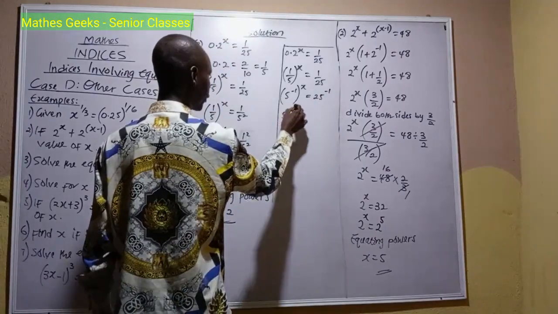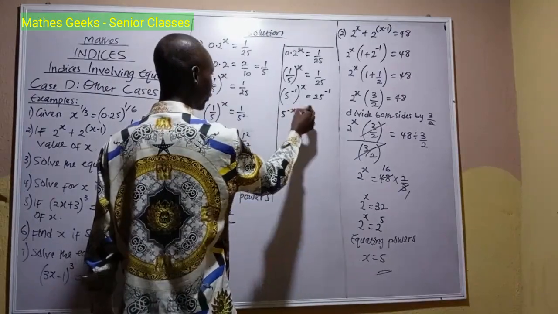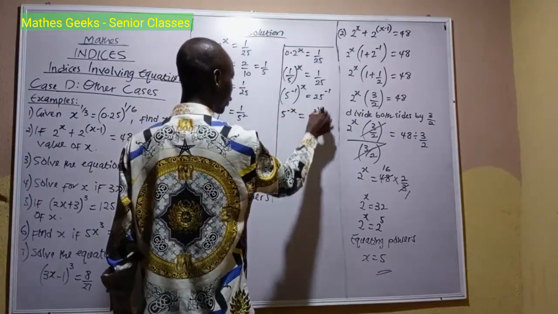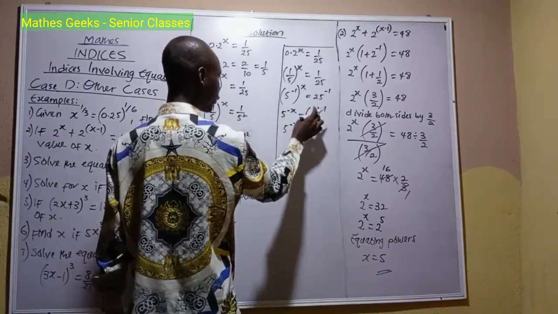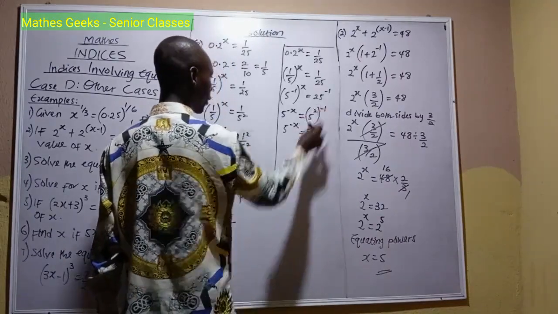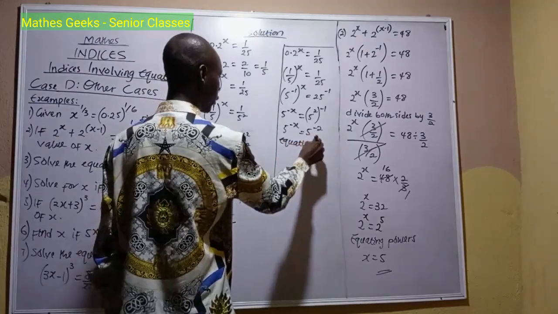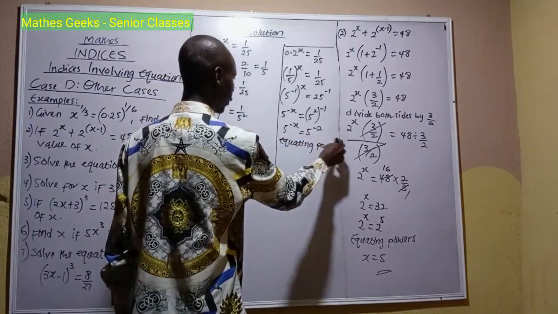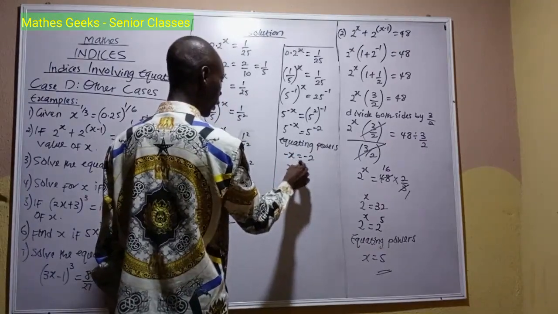So 5 raised to minus x, minus 1 times x gives us minus x. 5 raised to minus x equals 5 raised to the power 2 minus 1. 5 raised to minus x equals 5 raised to minus 2. 2 times minus 1 is minus 2. So equating powers, minus x equal to minus 2 and x equal to 2.